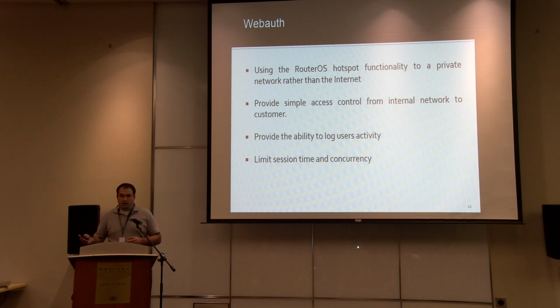So you have to authenticate like you would on the internet, pointing to a website or just an IP on the client side, and then you get the WebHot page, and you enter your credentials, and you're allowed to access what you have access to on the network. So basically rule sets. Or if you keep it simple, it could be just the whole client network side. It provides simple access control from the internal network to customers.